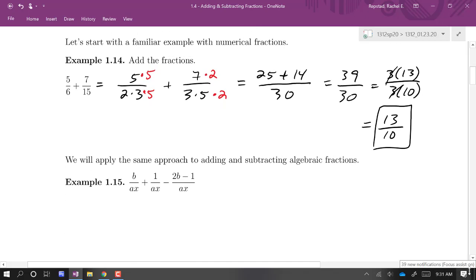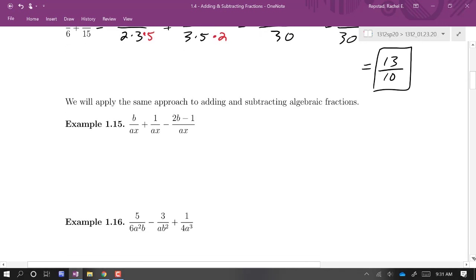It works really precisely the same way when they're algebraic. We just have to be careful with our algebra and our factoring and stuff. So in example 115, all these three fractions already have the same denominator. So all we're going to do is now write a single fraction with that denominator, doing the operations on the numerator. So b plus 1. And then we're subtracting 2b minus 1. We're subtracting the whole thing, so I'm putting that in parentheses. We're going to have to distribute that negative.